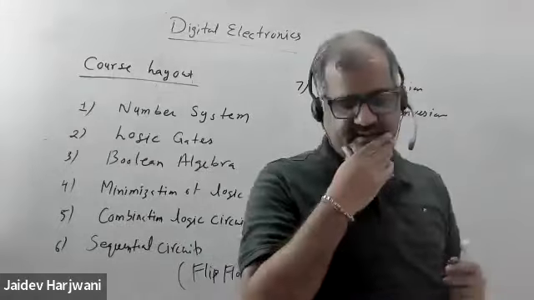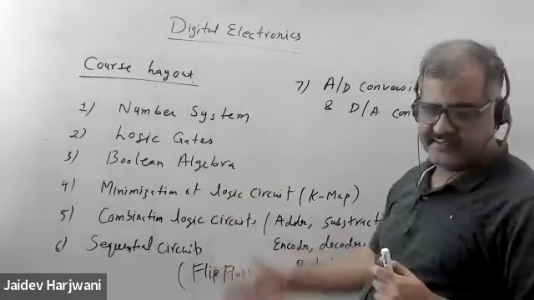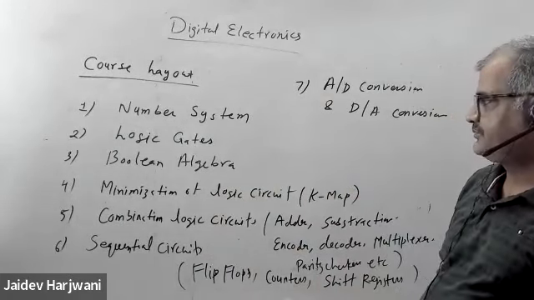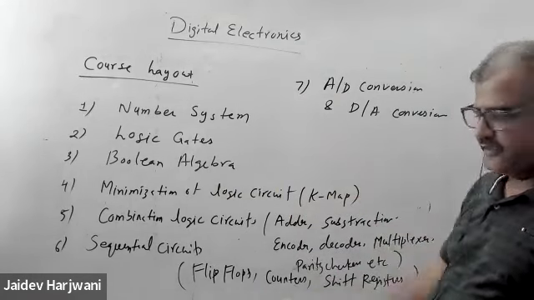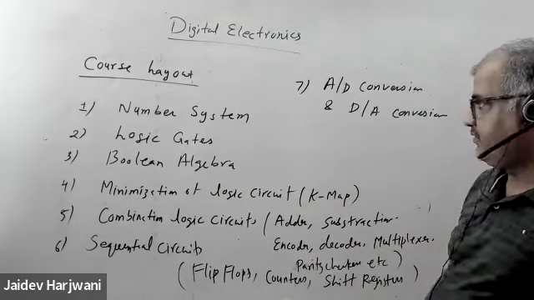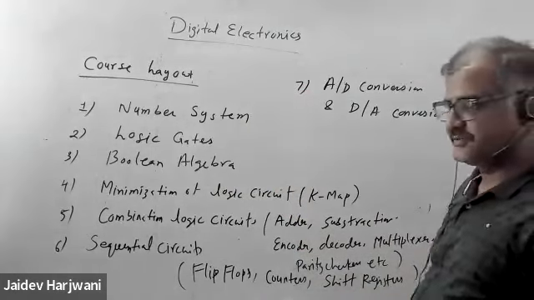So basically this is all the content of the syllabus. If you have a doubt about this content, you can ask me, and we'll start today with the number system.